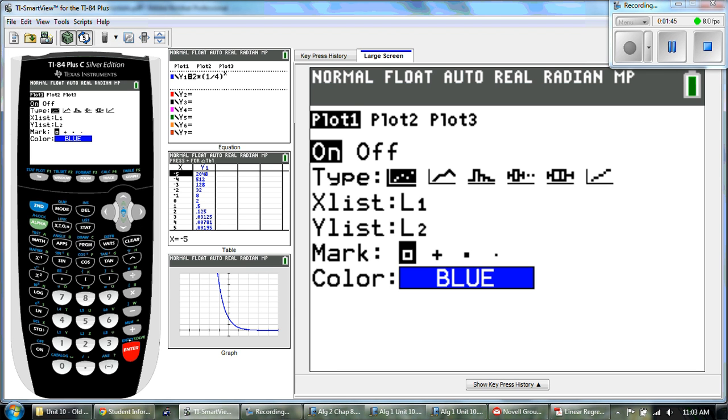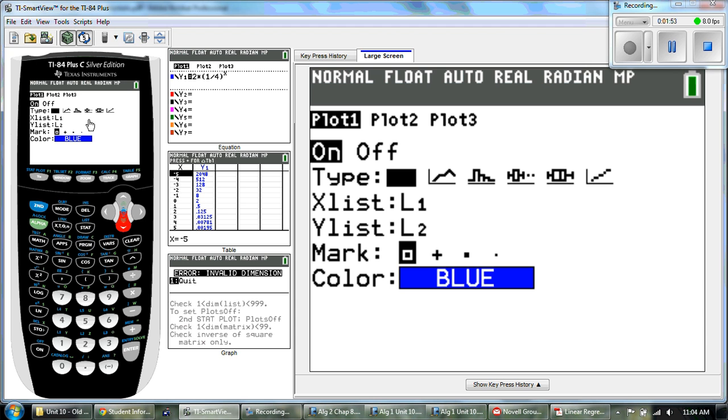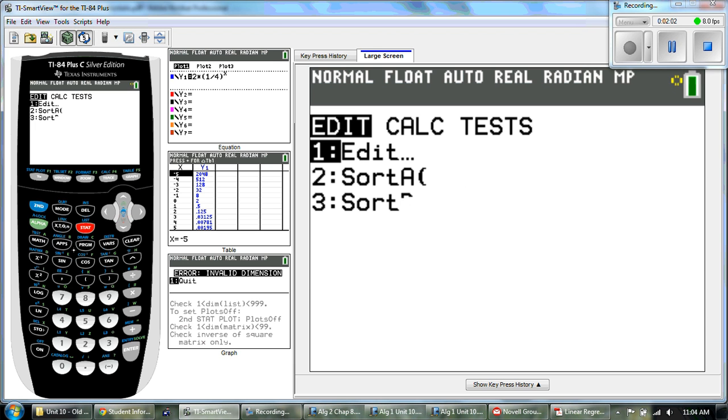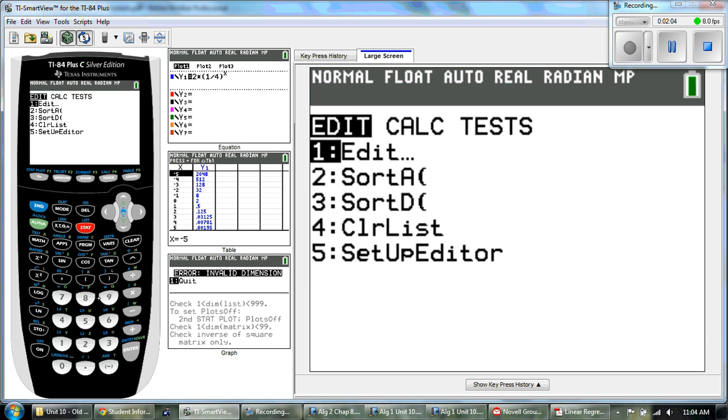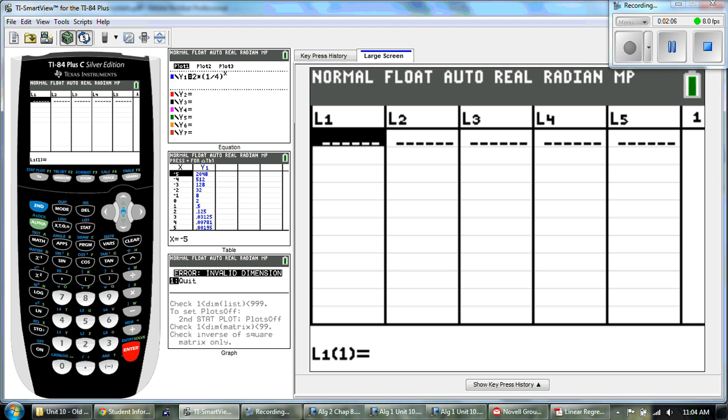So I need to make sure on is selected, and then I need to make sure my scatter plot is selected. Now step 2 is I need to hit the stat button. I have to find it again. So there we go. We have stat, and then we're going to hit enter.